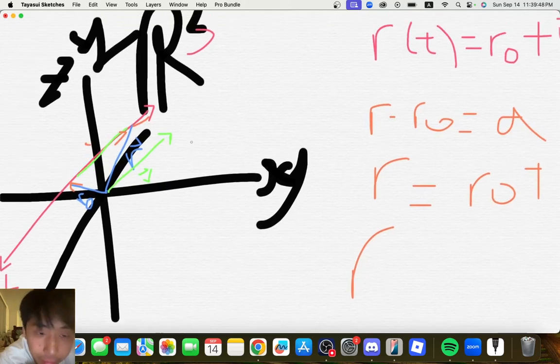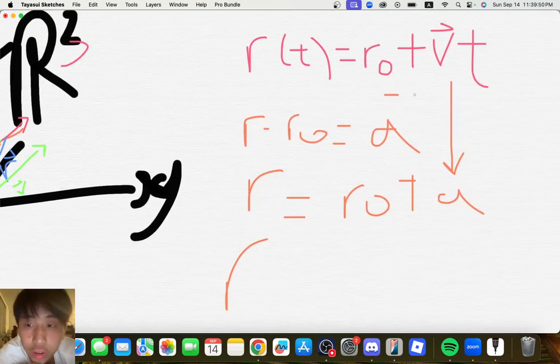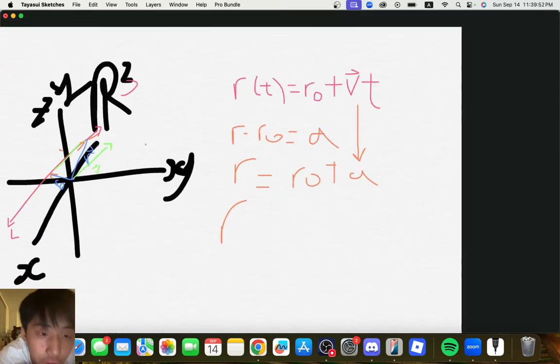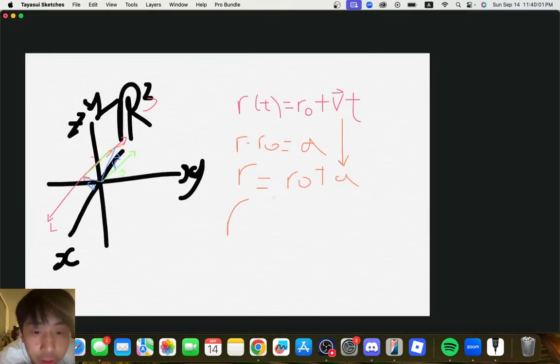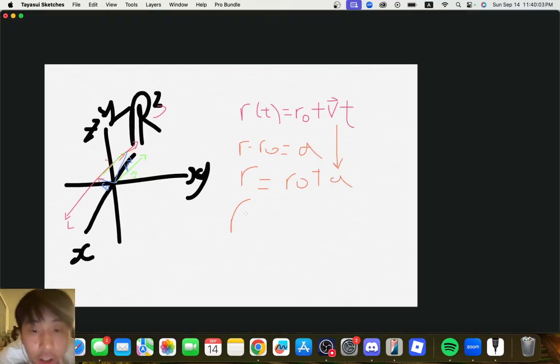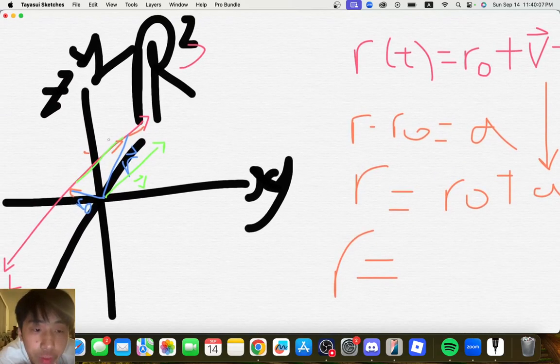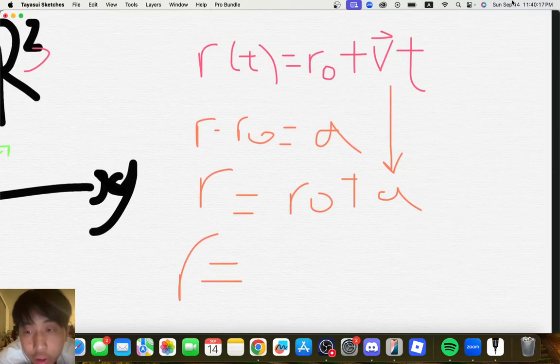Without R0, I think you'd probably have the wrong position. I think you're trying to hopefully see what I'm trying to say: instead of A, we move R from R0 with any t, and we basically have y equals mx plus b.